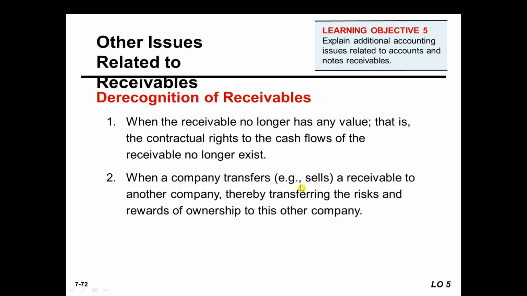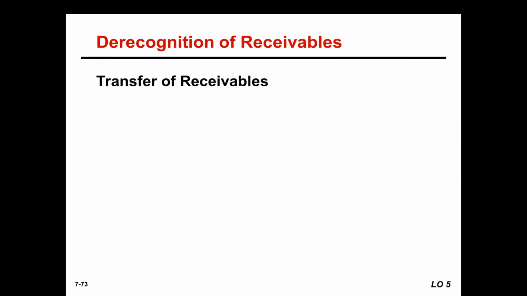Or it is when the company transfers or sells a receivable to another company. So the risk of the receivable and also the rewards have been transferred to the other company. For example, because the company needs some cash, the company can sell its receivable to another company, so that the other company will collect the receivable, or the company itself could collect it for the other company that it has sold the receivable to.